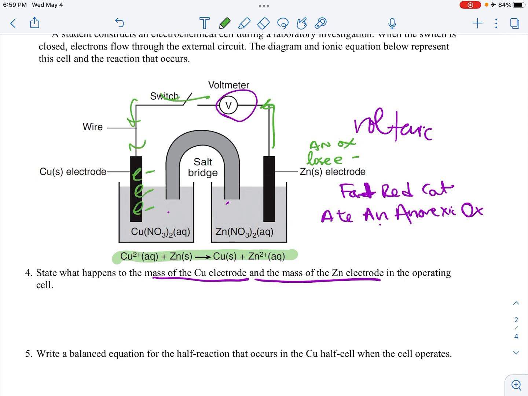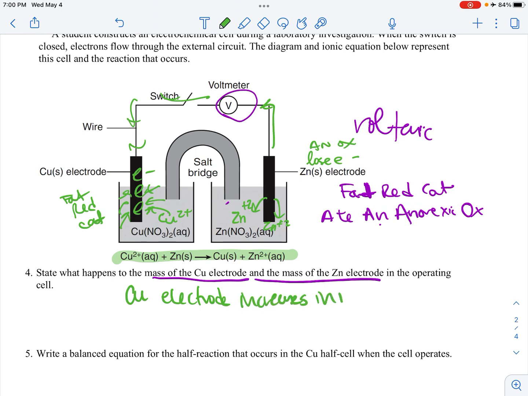And then the Cu ions in solution are going to jump on here, making this the fat red cat. This side's going to get larger, larger, larger. And since this is losing electrons, this is going to be dumping zinc ions into solution, getting smaller, smaller, smaller. So it says, what happens to the mass of the Cu electrode? The Cu electrode increases in mass.